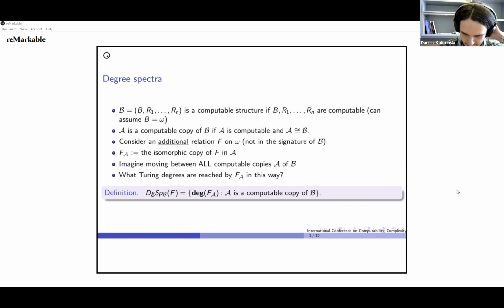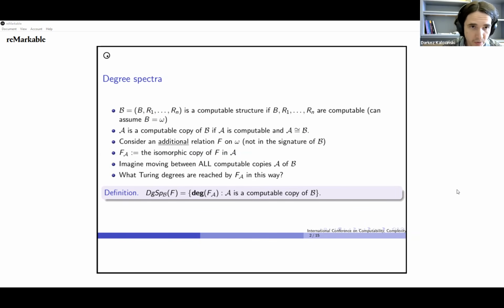So we'll be looking at computable structures. A structure like here B with domain B and a bunch of relations R1 to Rn is computable if the domain and the relations are computable. This works if we have finitely many relations. If there are infinitely many, then we can add some uniformity condition.